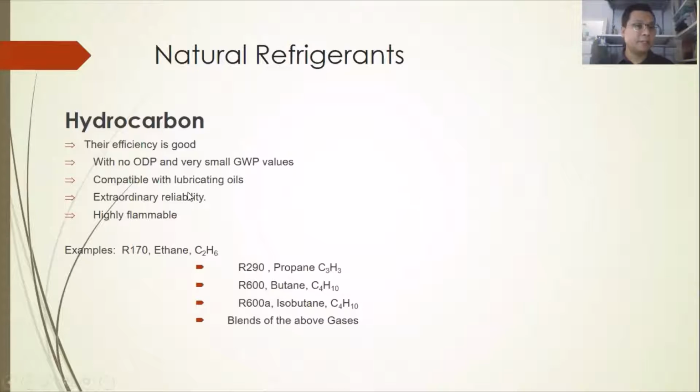And then compatible with lubricating oils, it means it's suitable in certain compressors like the screw compressor. And then extraordinary reliability, and highly flammable. In the chemical form it is C2H6.